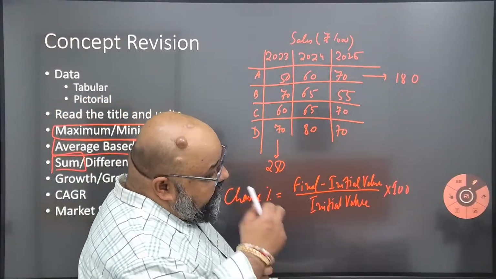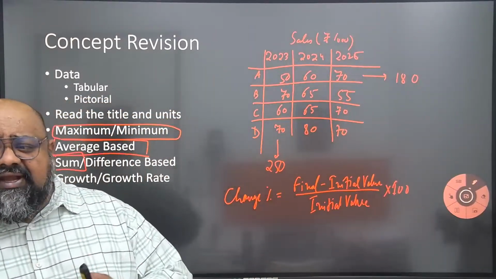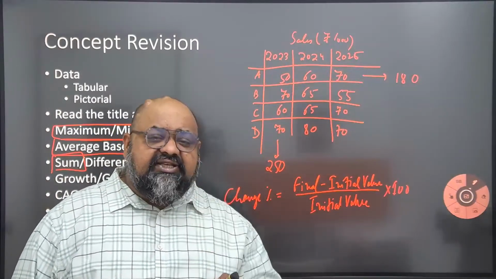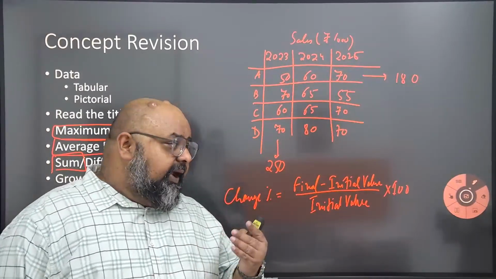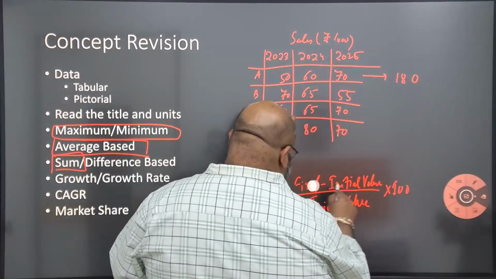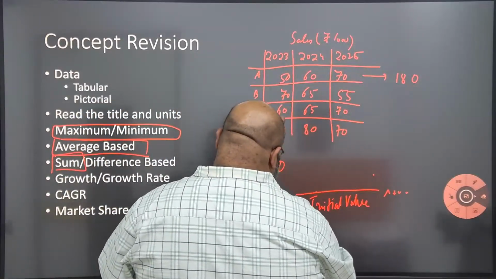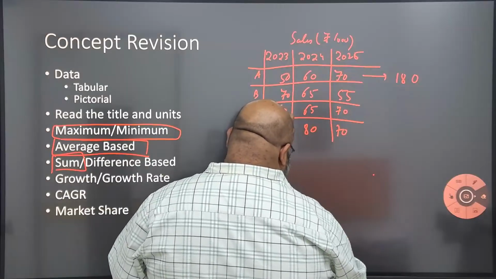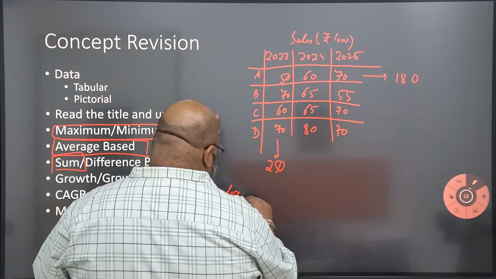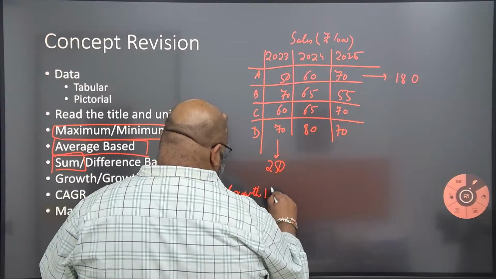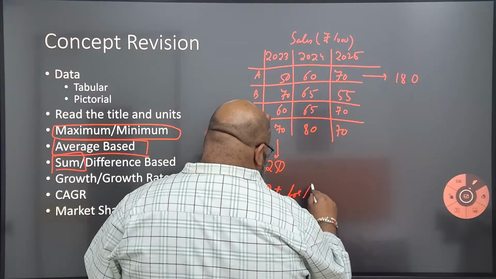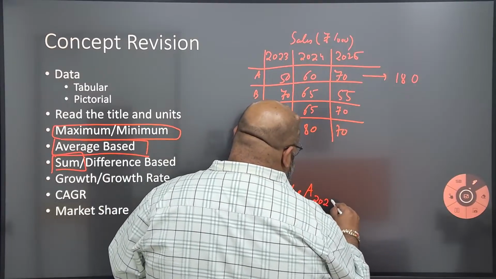Now, in case of data, specifically data that is based on year, I will calculate the change percent over the previous year, right? And therefore, if I say yearly change, or suppose if I have to calculate growth rate for A in the year 2024.